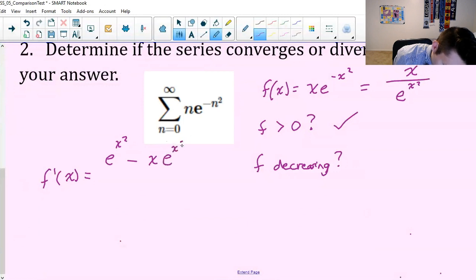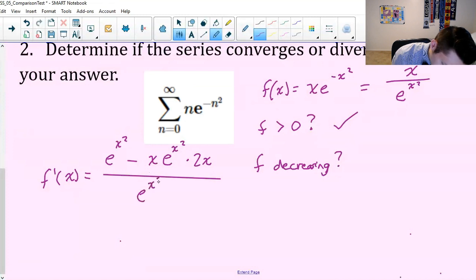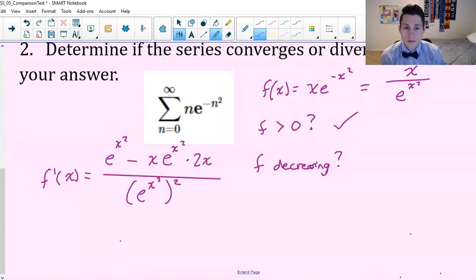So e to the x squared, and then chain rule, so times 2x, divided by bottom squared. So e to the x squared, squared.